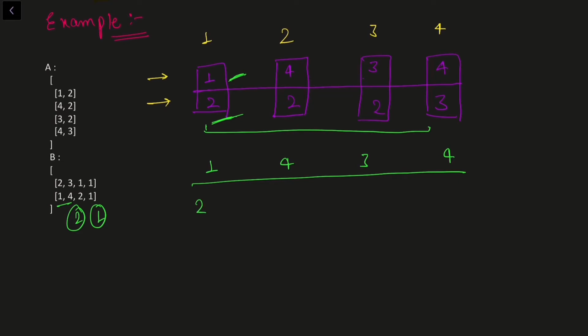Then the amount that I need to pay extra is 2 minus 1, right? Similarly, for the second element, I'll need to pay 2 minus 4, which is minus 2. So it will reduce my cost. Similarly, here it is 2 minus 3, and here it is 3 minus 4, right? Or we can write them as 1, minus 2, minus 1, minus 1, right?